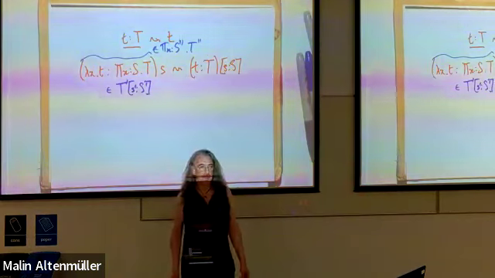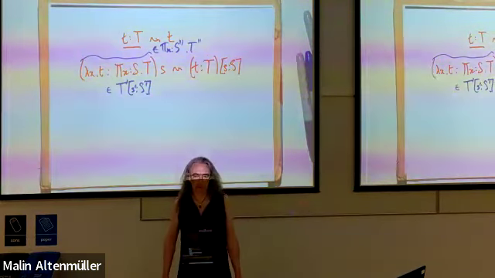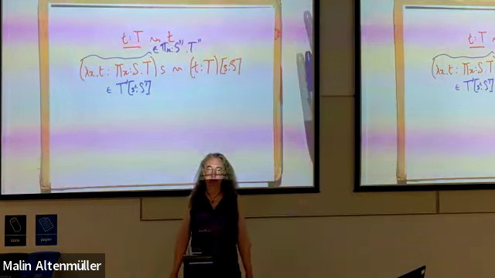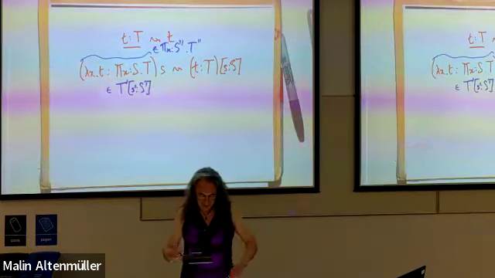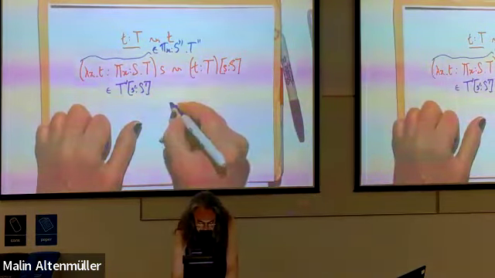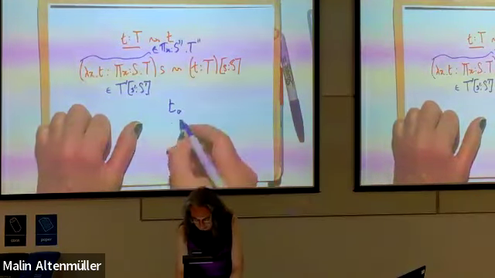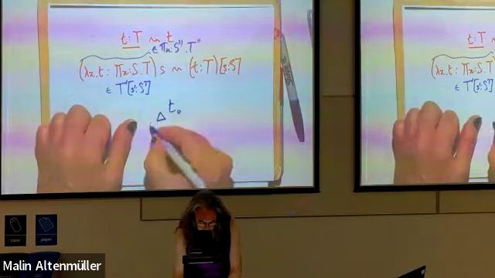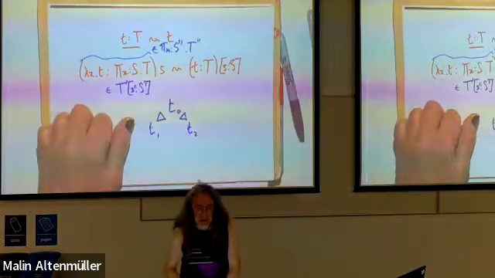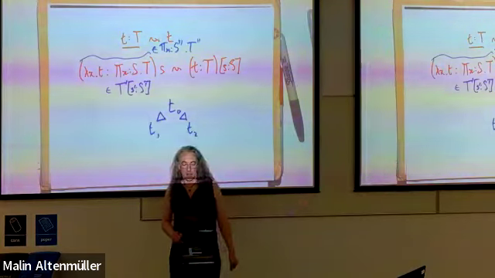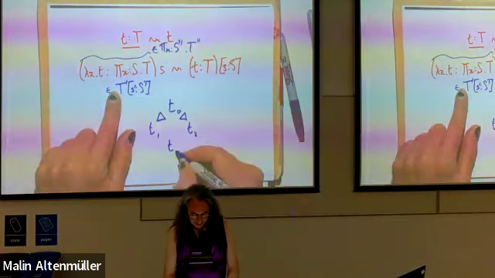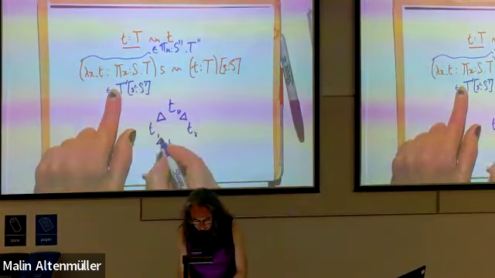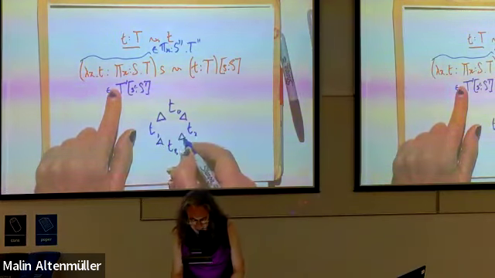Okay, so confluence is going to follow from the fact that if I have some term T0 and it can take a parallel reduction step to T1 and a parallel reduction step to T2, then I will be able to get them back together with a single parallel reduction step each.